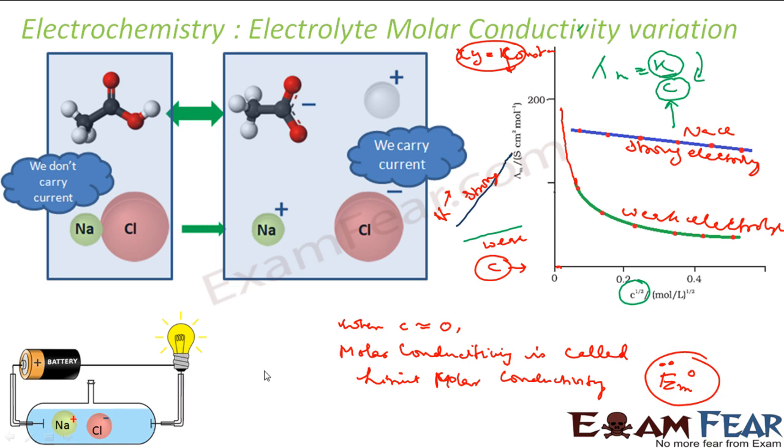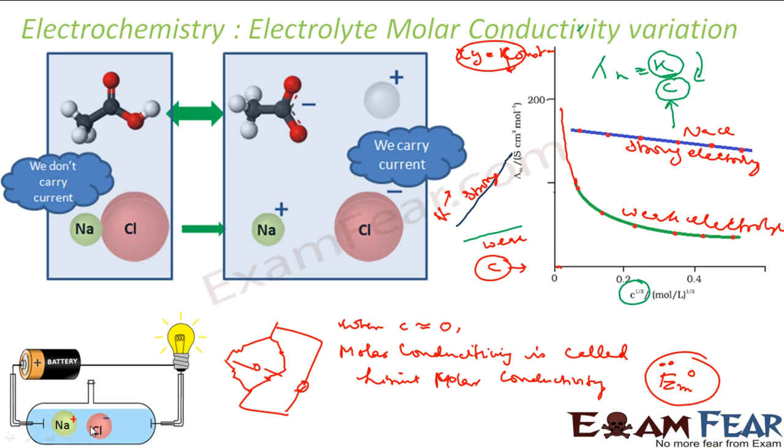And at such a dilute level, it is very difficult to find the conductivity using this kind of setup. Because, see, the other day what we did is we used this Wheatstone bridge, right? We use these 4 resistors, we use this Wheatstone bridge, and then we use some voltmeter here, and we pass some AC source of current.